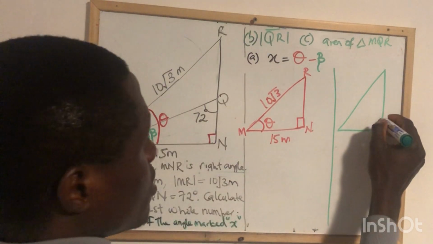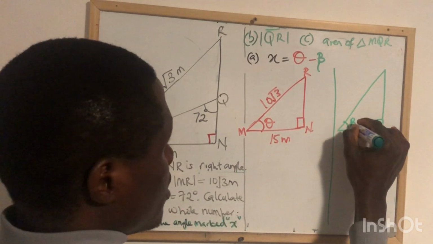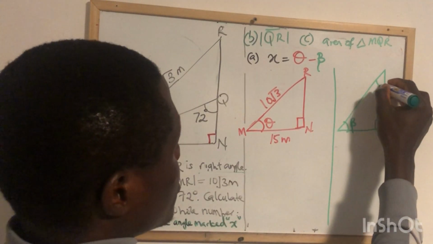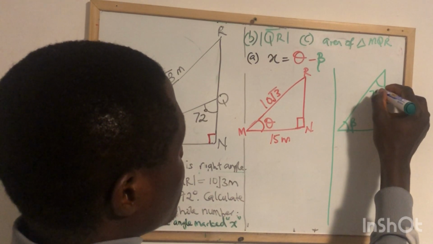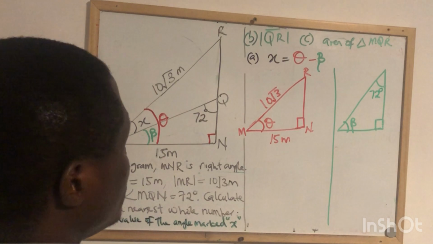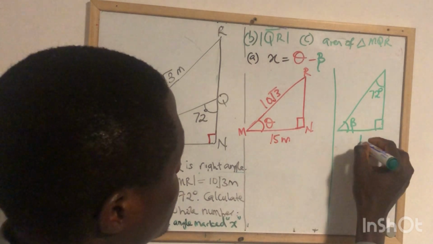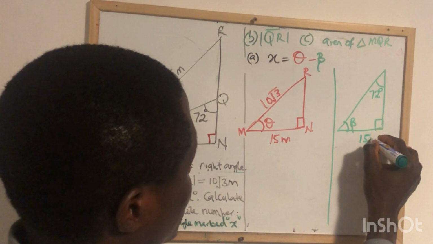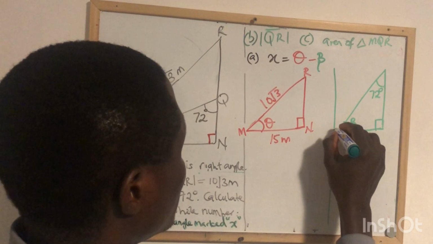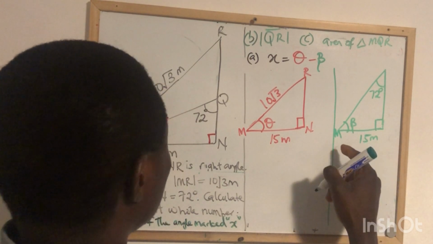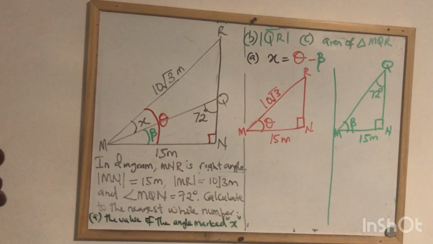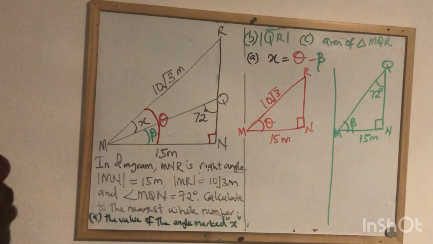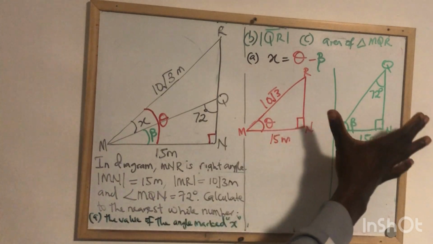So here we have beta, and then we have 72 degrees, and 15 meter, in this triangle MNQ. You can see the difference now. We have split the triangle out, so we have this triangle and this triangle.